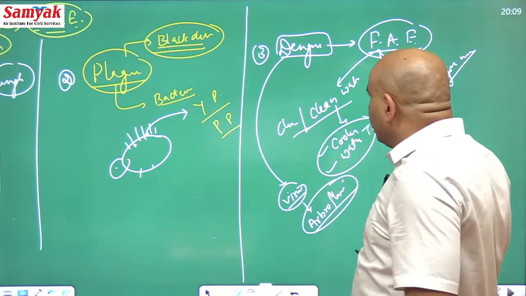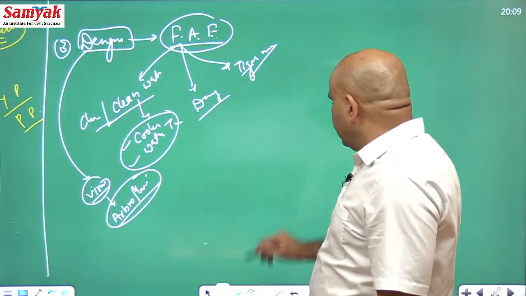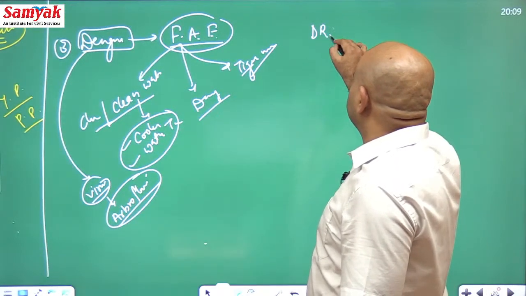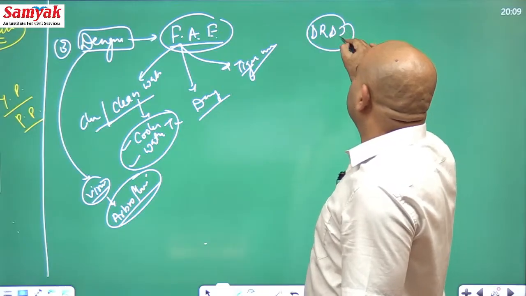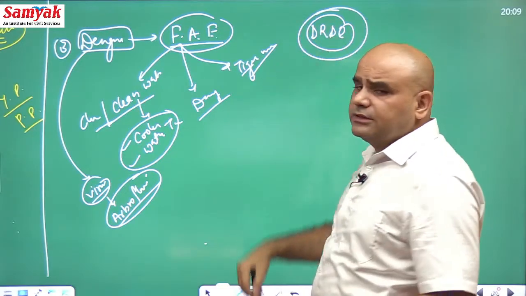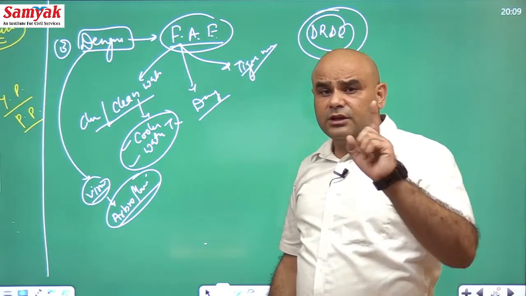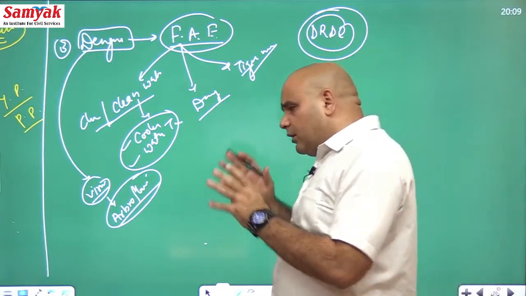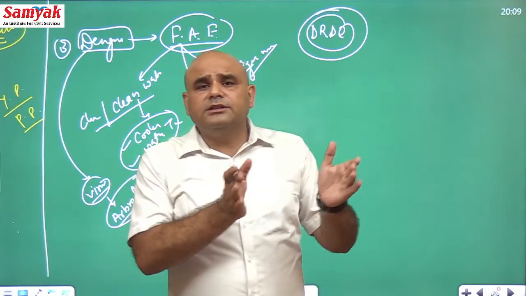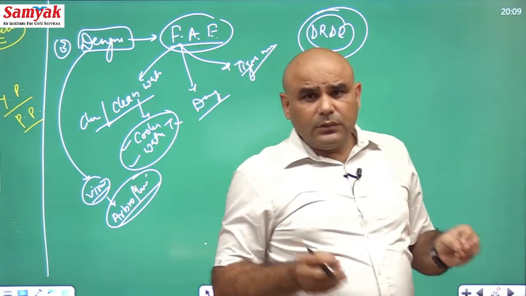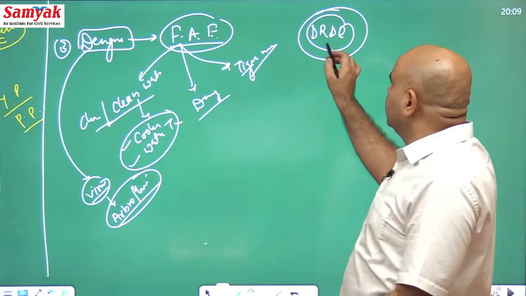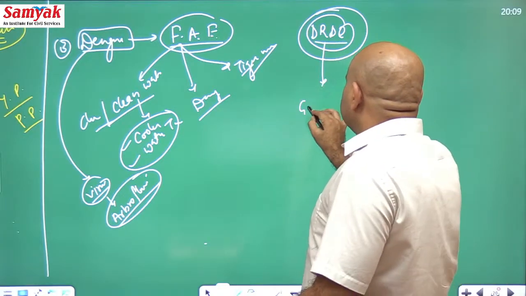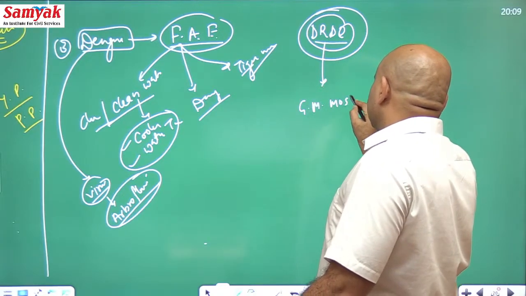Now one more thing I want to add: you know very well that DRDO, Defense Research and Development Organization, is famous for production of missiles and technological developments, but DRDO is doing some things which benefit society. For example, right now DRDO is running a pilot project of GM mosquitoes.